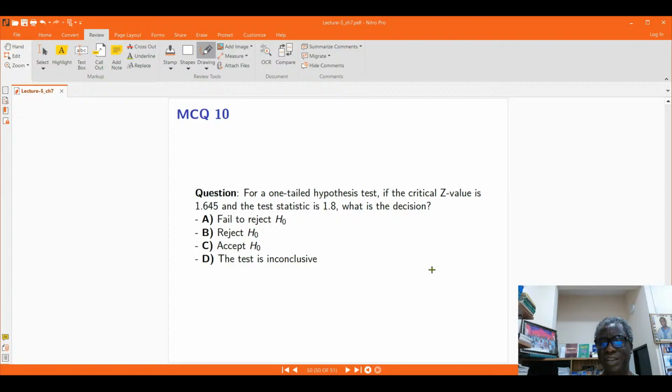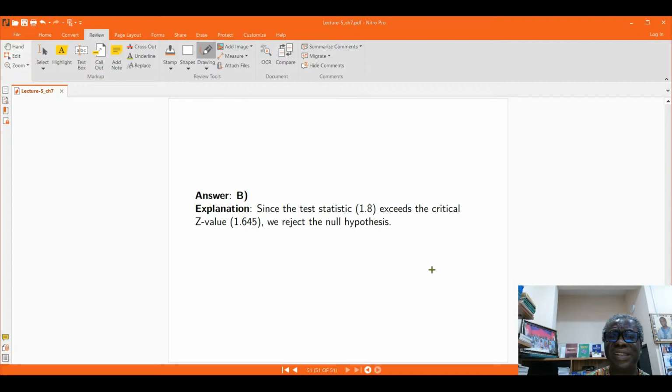If the test statistics exceed the critical value, then you reject the null hypothesis. The test statistics is 1.8, which is greater than the critical value, so we reject the null hypothesis.